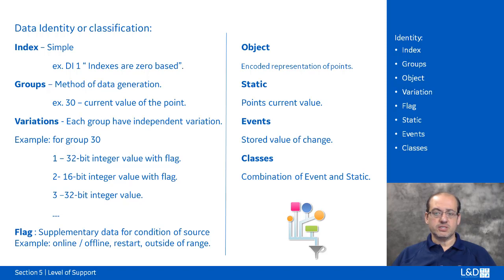And this information is referred to with an index. So the data has an index. The status of breaker 1 is referred to as DI1, right?